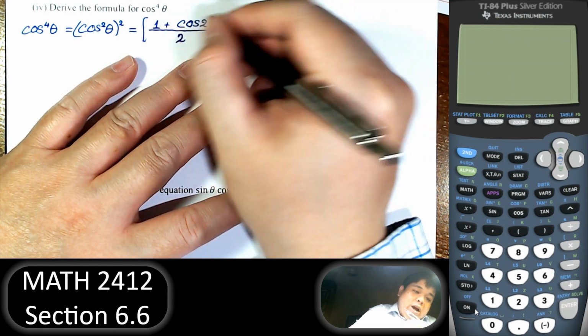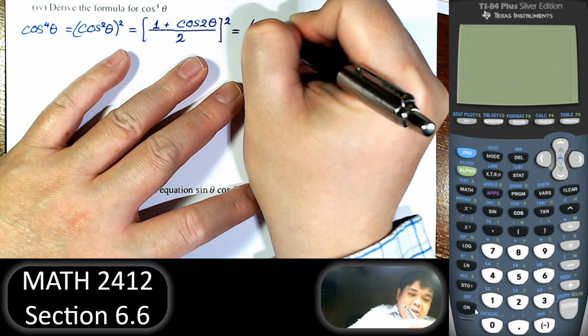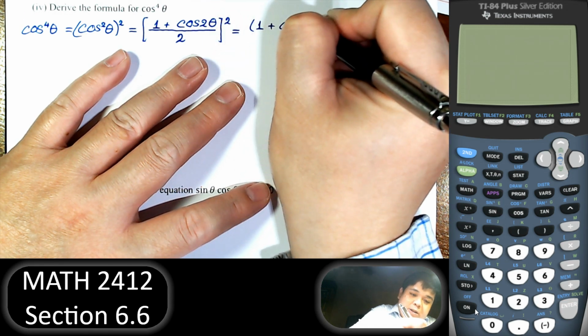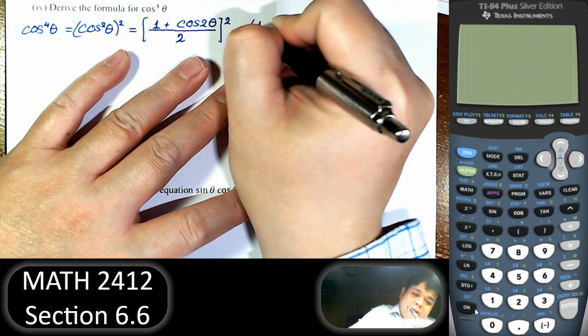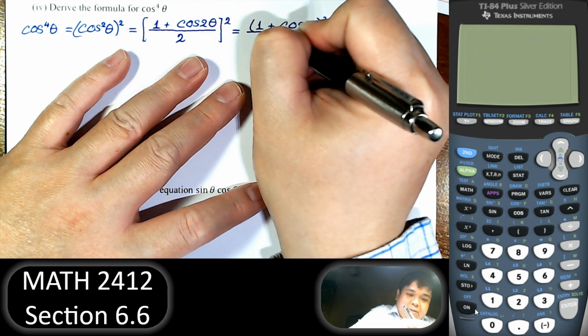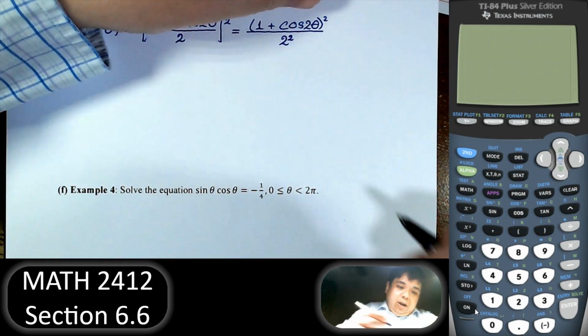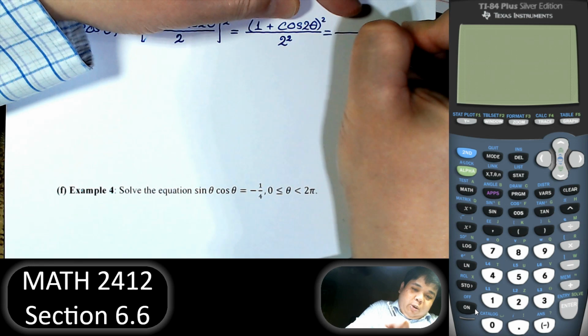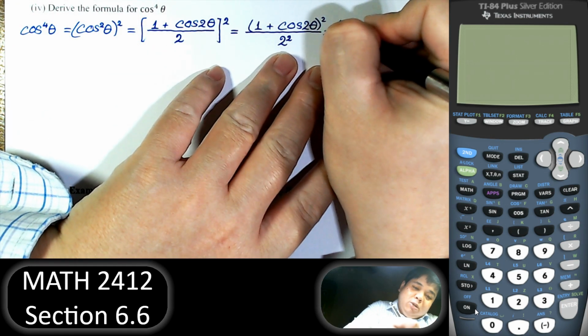Next, square this fraction, square the top and square the bottom. Square the bottom is 4. Square the top, I just write it multiplied by itself.